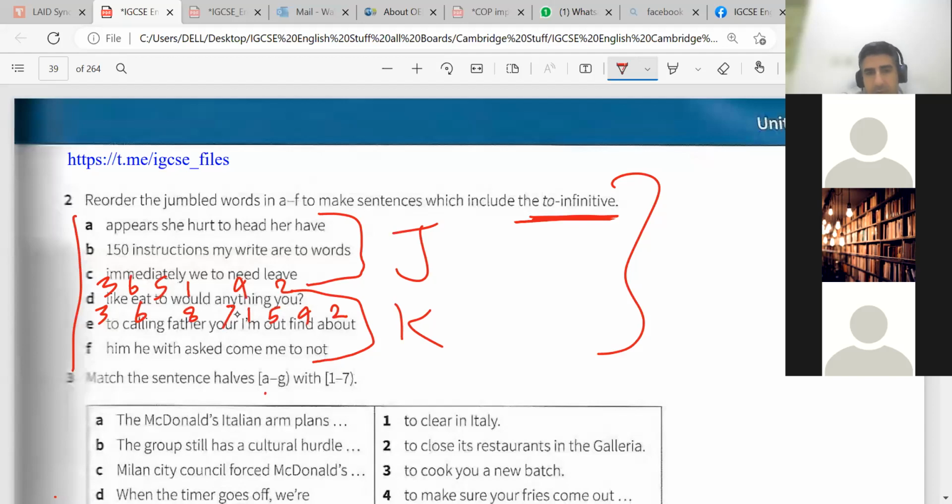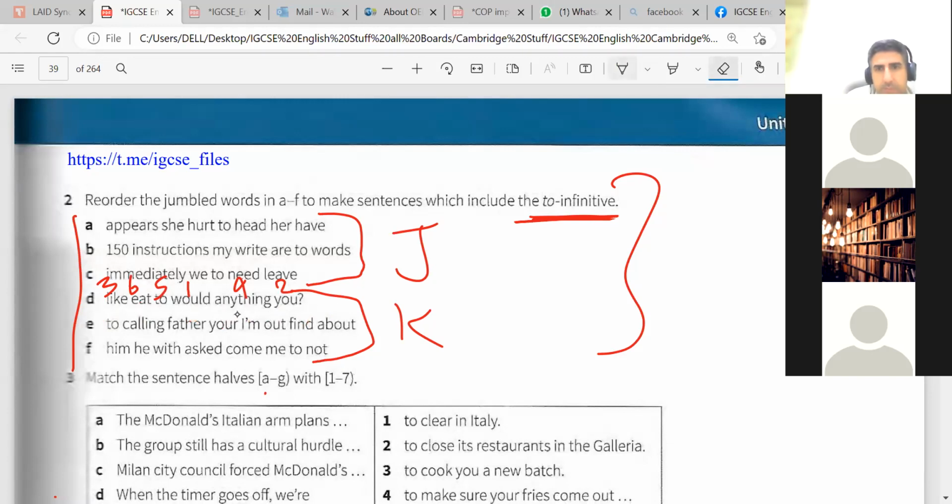Or I am calling to find out about your father. I am calling to find out about your father. That's it.